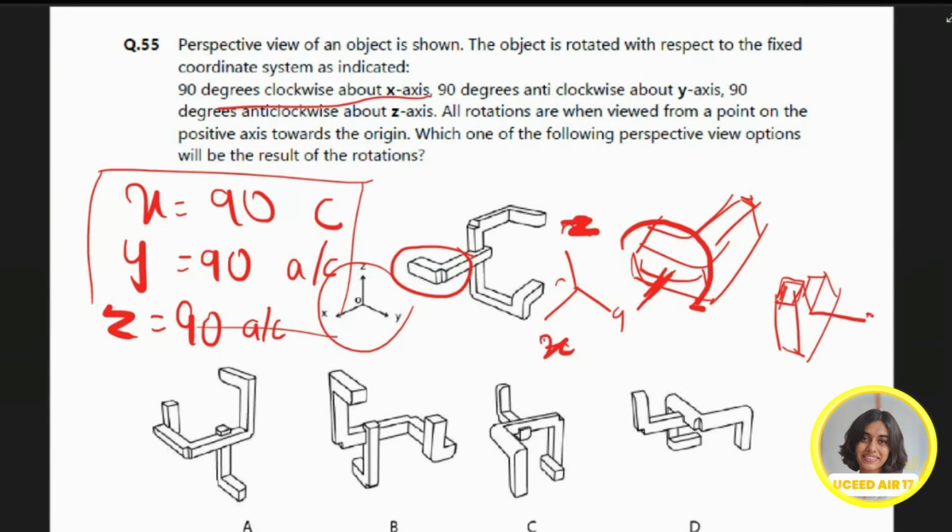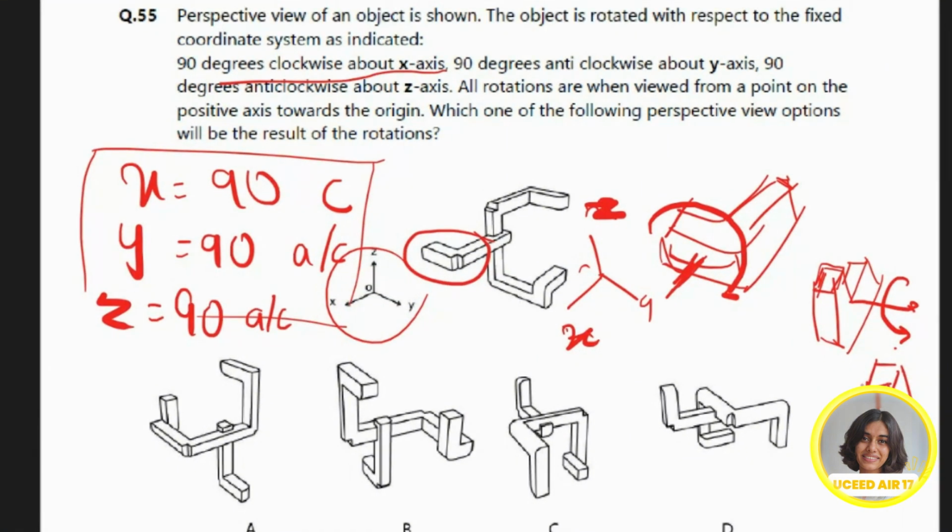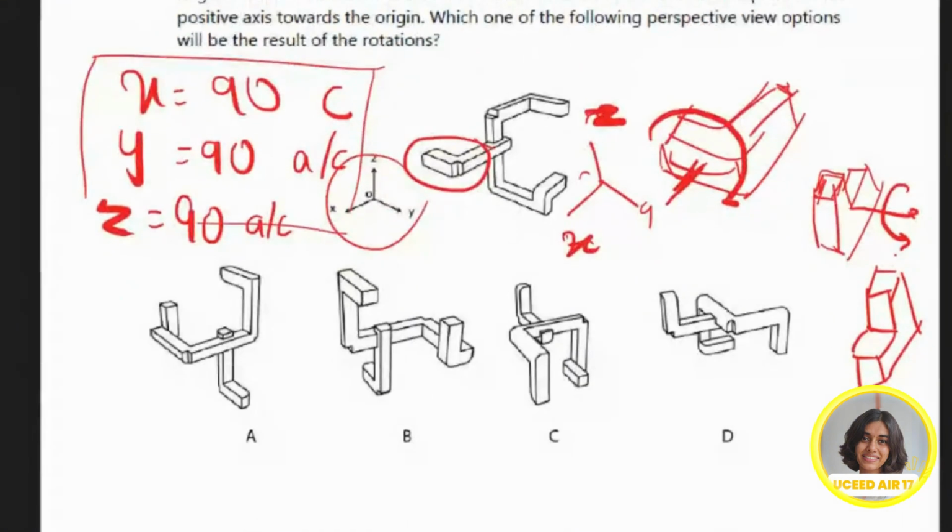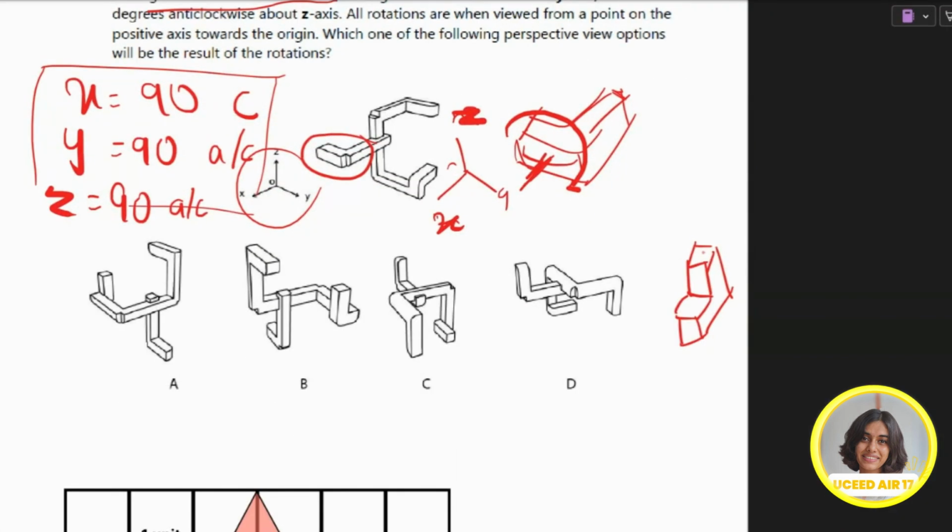Y-axis is this. And I have to do 90-degree anti-clockwise. So basically, I will be looking at this in this manner. And now I have to do it on z-axis, which is this axis. This is the z-axis. And I have to now rotate it anti-clockwise 90 degrees. This is the anti-clockwise, right? So basically, it will be here. Which is the option which shows me this in the bottom? I got the answer. A is the answer.